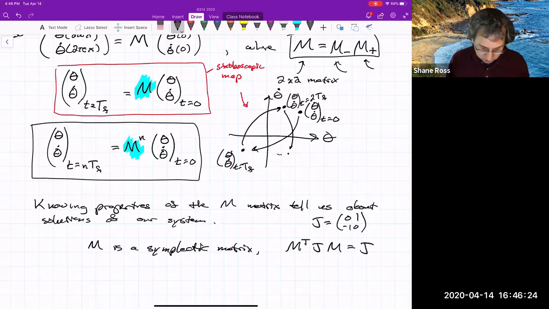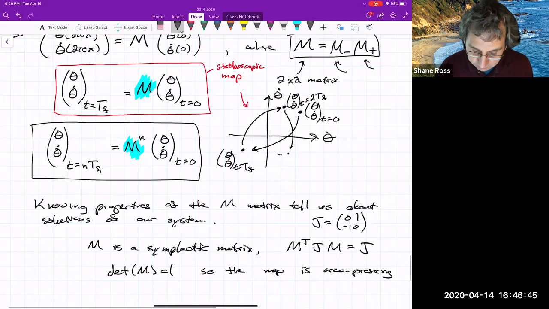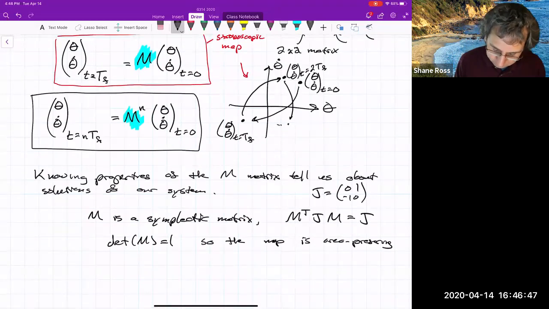This implies some things about M, like the determinant of M is equal to 1. So the map is area preserving. Small initial rectangles will not grow. And there are other things that we'll say about M, but I'll just save those for next time.